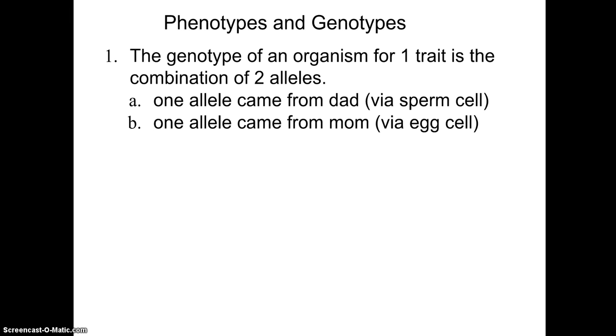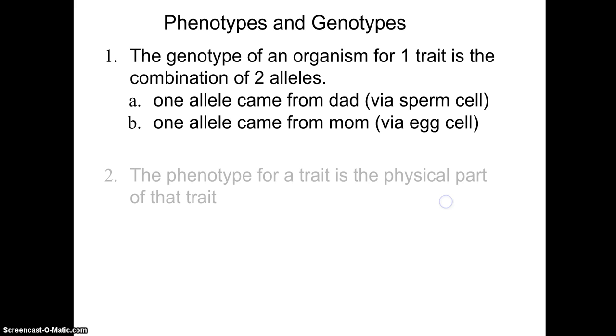The genotype is the two pieces of DNA, the one you got from mom and the one you got from dad. We represent these with letters. For dominant alleles, we always use a capital letter, and for recessive alleles, we always use a lowercase letter. So a genotype is the type of genes you have. You get two alleles for every genotype, one from mom, one from dad.